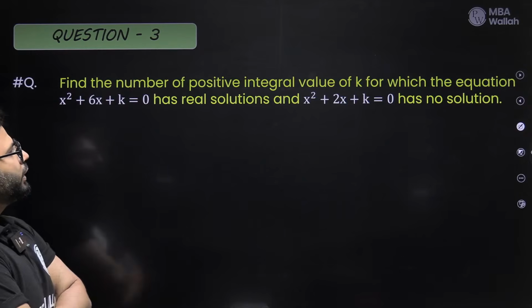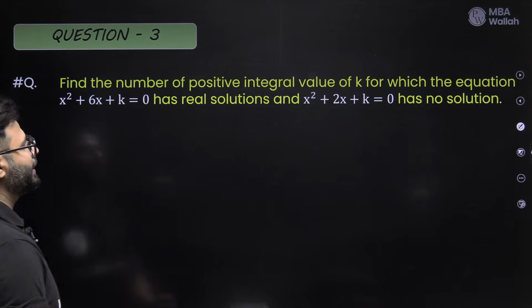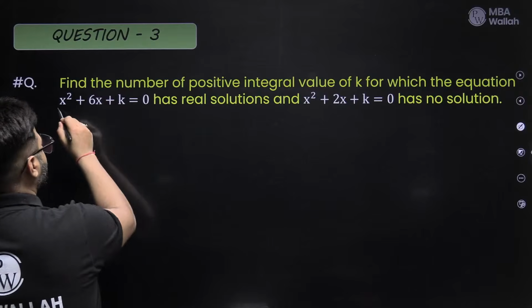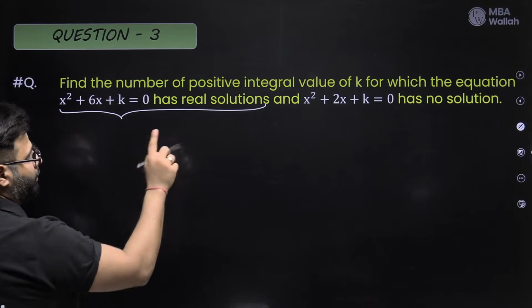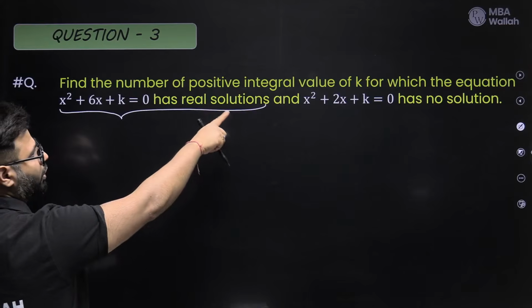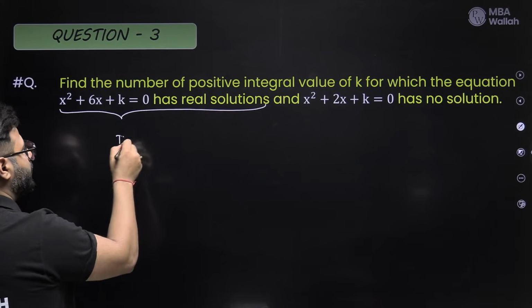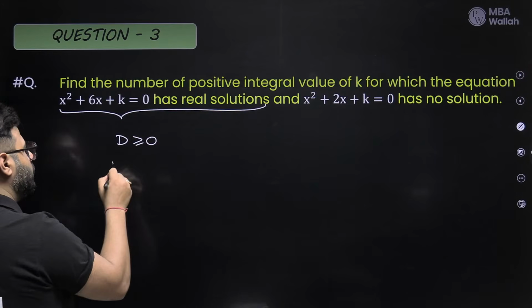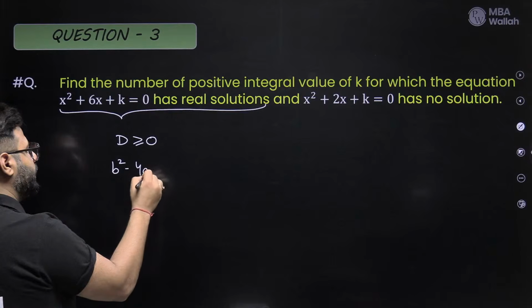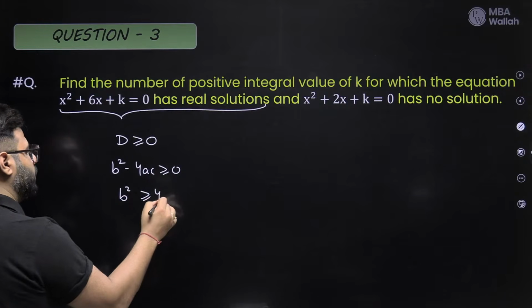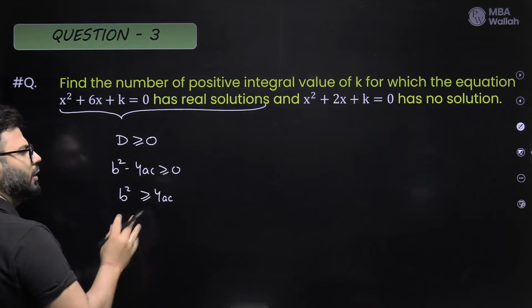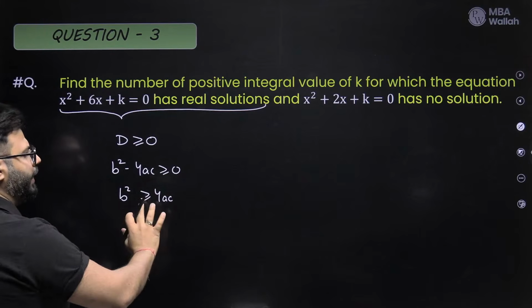Number of positive integral values of k for which this equation has real solutions and this one has no solution. So this one has a real solution. That means, again, we don't know whether real and equal or real and distinct, so D is greater than or equal to 0: b square minus 4ac greater than or equal to 0, b square greater than or equal to 4ac. Now let's put in the values. I always do it till here, then I put in values.